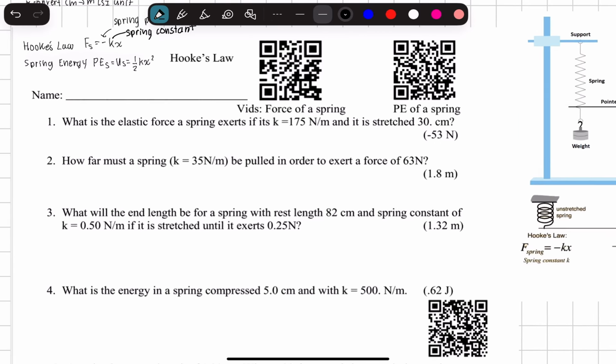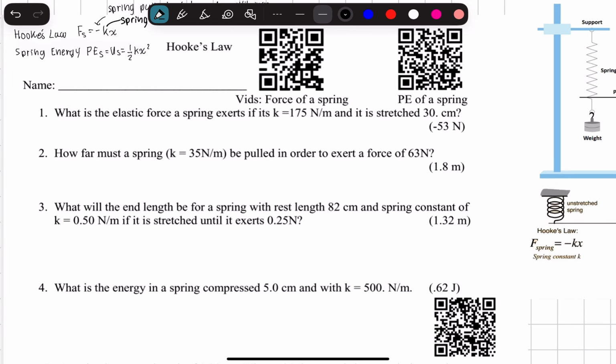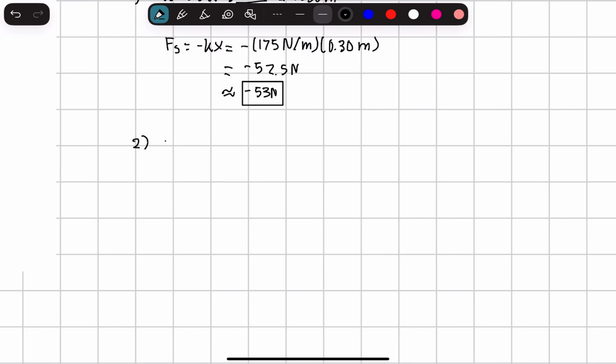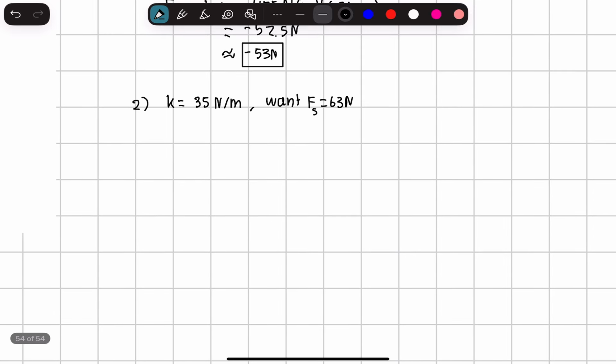Number 2 says, how far must a spring with k equal to 35 newtons per meter be pulled back in order to exert a force of 63 newtons? Let's write that out. k again is 35 newtons per meter, and we want F equal to 63 newtons, which is F_s.